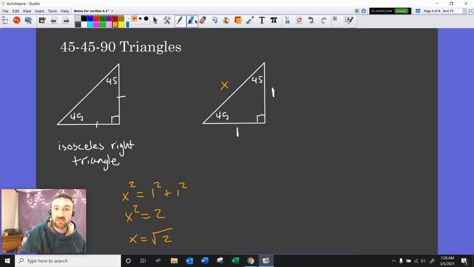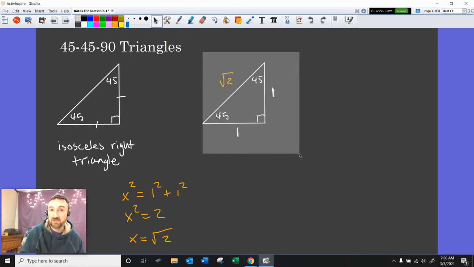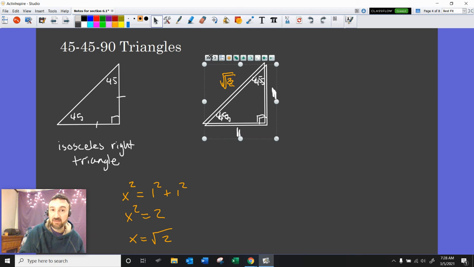So I can replace this hypotenuse, where I put an x before, with the square root of 2. Those would be the side lengths of the triangle that had a unit measure, a 1, along the shortest side. And if you wanted to make a new triangle that was bigger, you could take all of those measurements and multiply by anything you want.